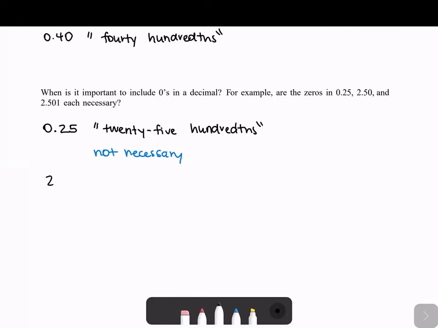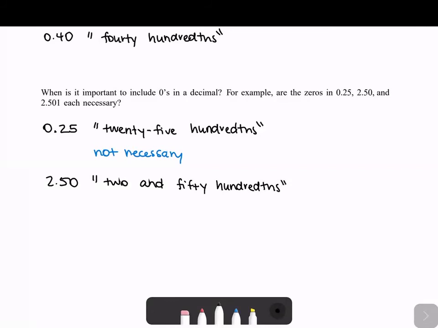Next, 2.50. So this is 2 and 50 hundredths.